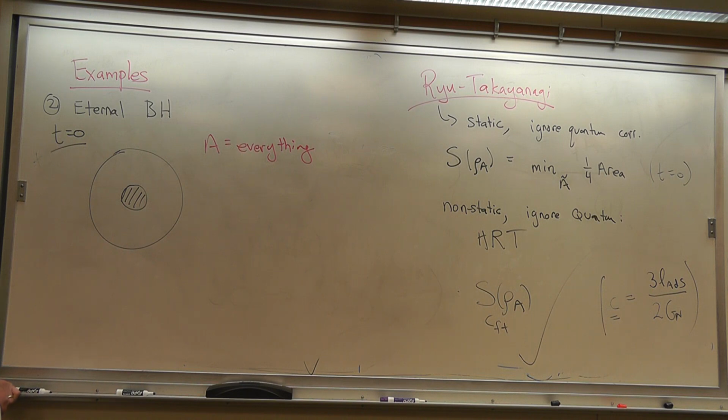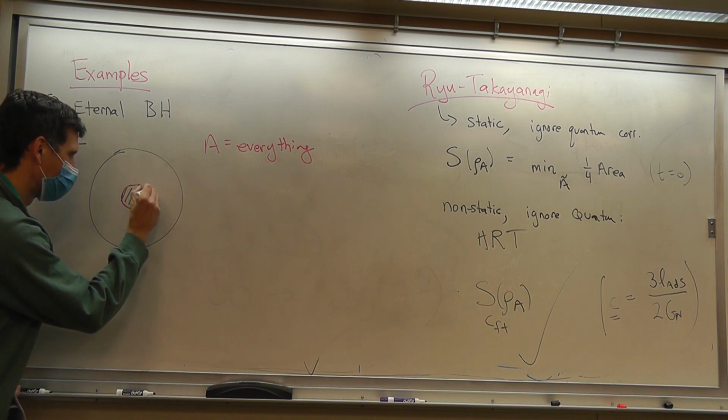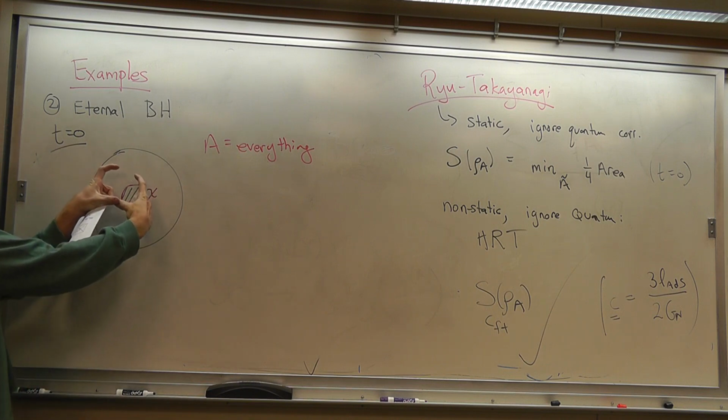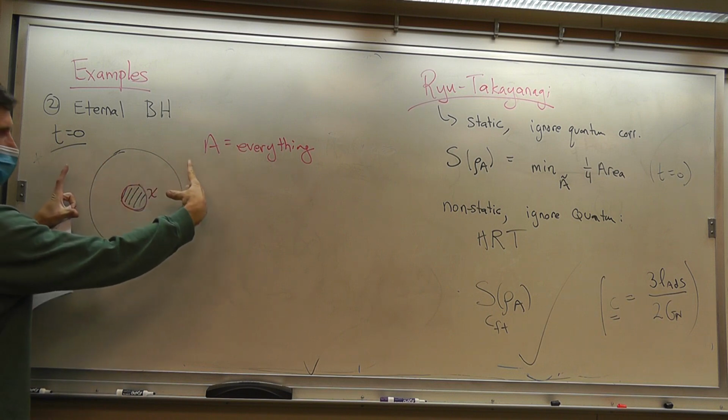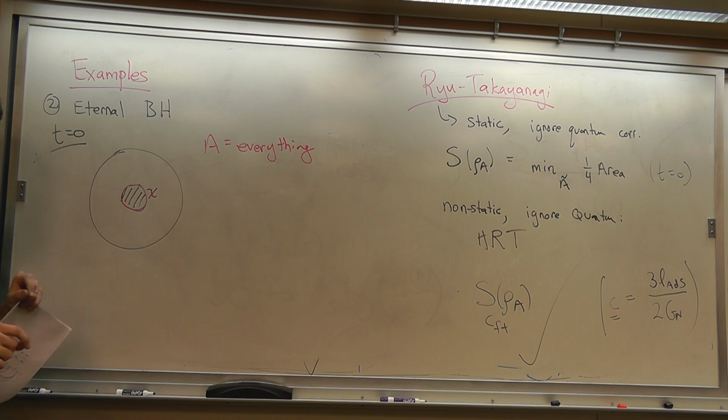So we have to find a surface chi, which minimizes the area and is homologous to A. And that's the black hole horizon. So let me convince you that that's right. First of all, it's homologous to region A. We can take this chi and pull it out to region A, which is everything at the boundary. So that's good. It's homologous.